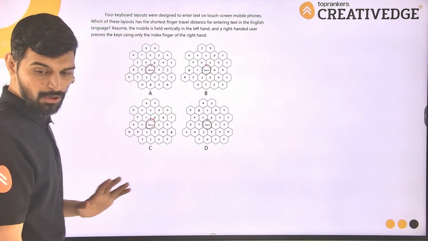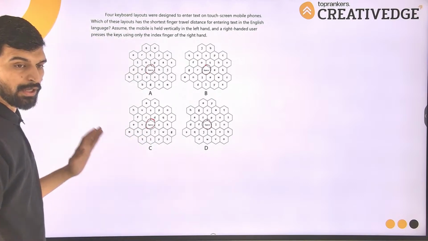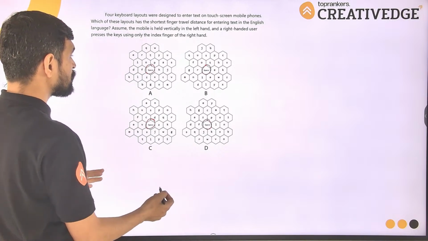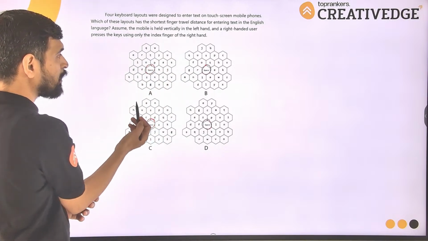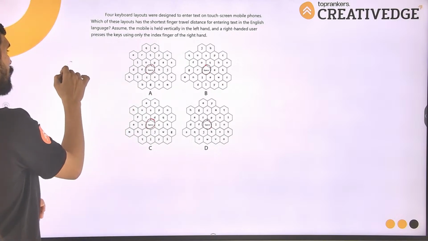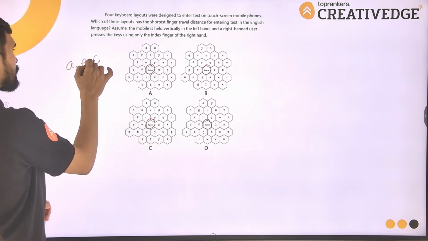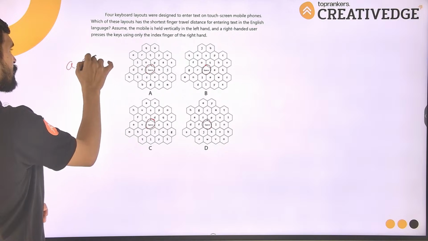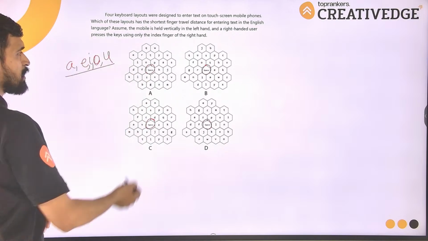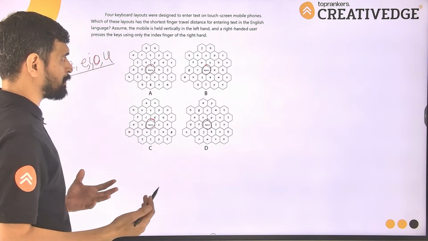So only one option is correct. You have to identify with the letters that vowels are nearby space in which setup, right?